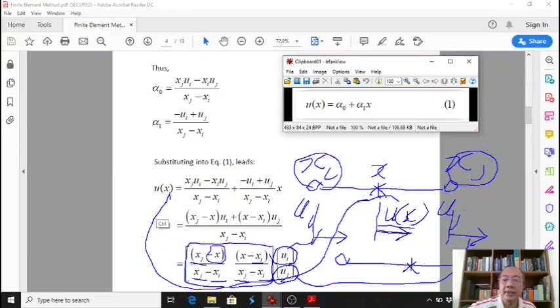We can conclude here, ux is a function of x position, nodal positions si and sj, and nodal displacements ui and uj.